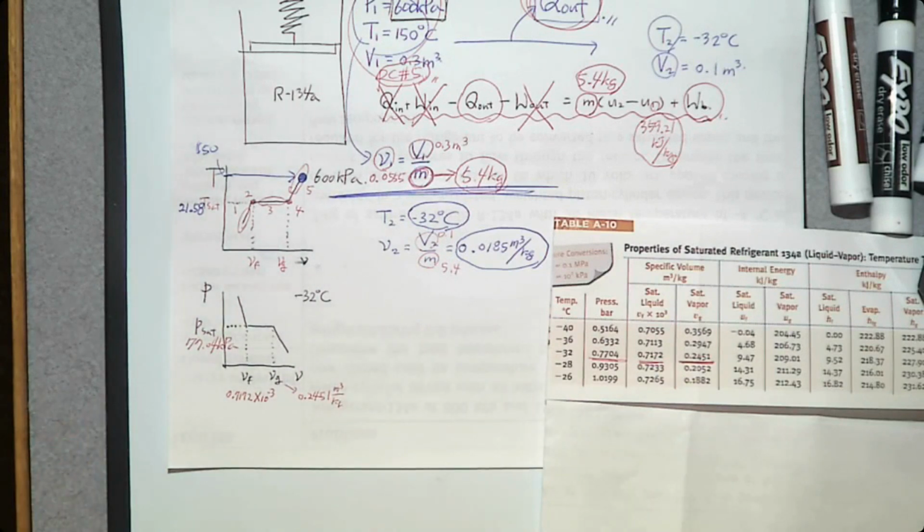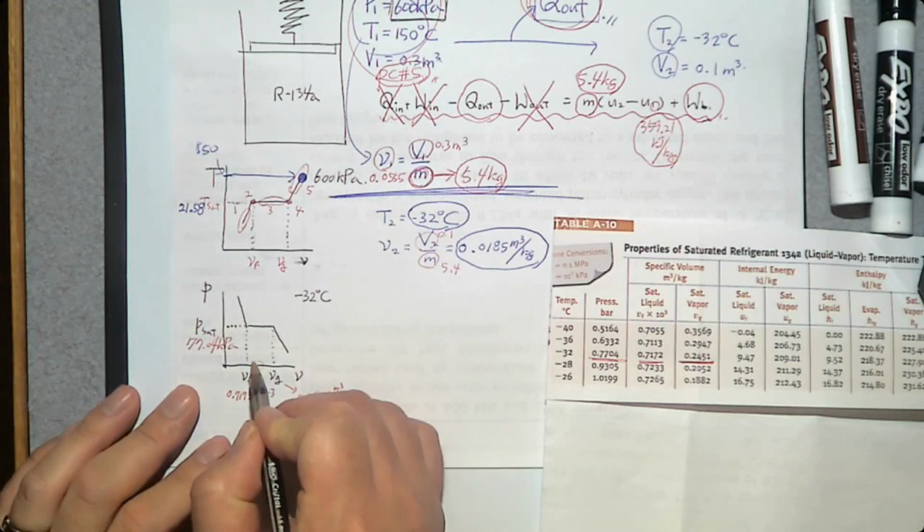So now we just made this PV diagram. What is the specific volume we have? 0.0185. Let's find that specific volume on this PV diagram. That value is greater than VF but less than VG, so somewhere in the middle.